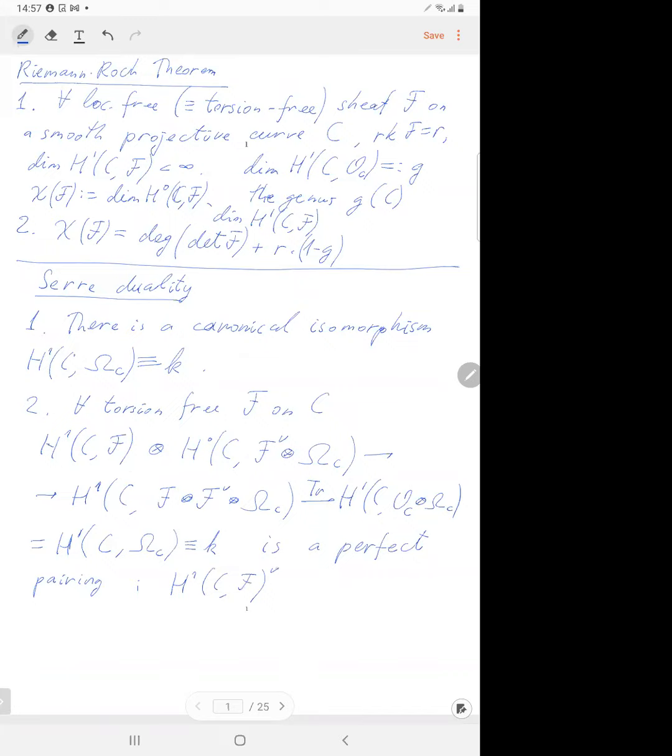If we dualize this, then it is canonically isomorphic to the zeroth cohomology, global sections. Why do we write cohomology dual, and not homology, for example? Well, we didn't study any homology theory yet, and we're not even planning to do this. We only have cohomology theory.